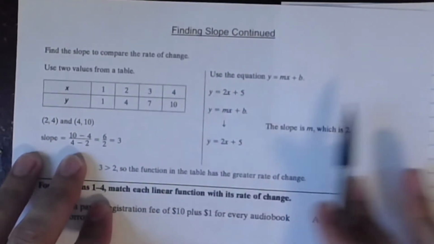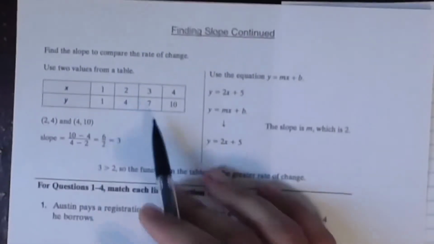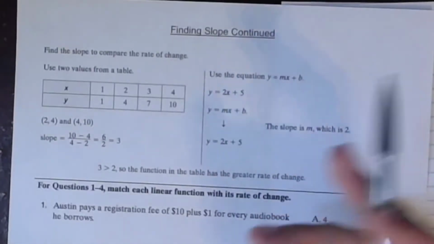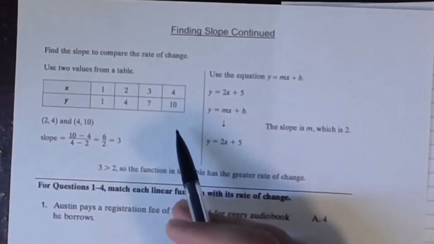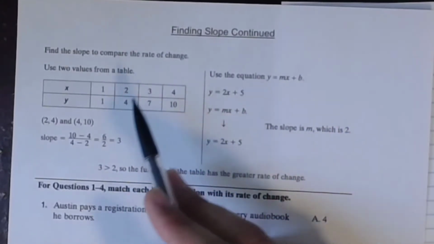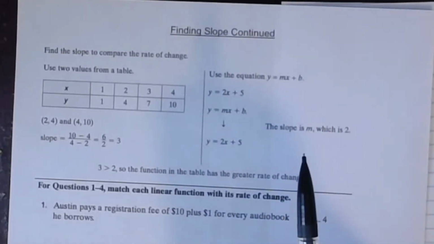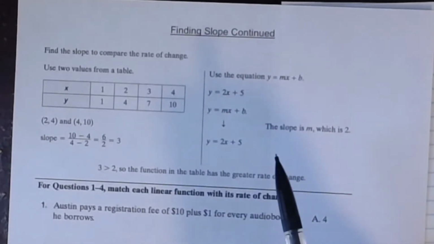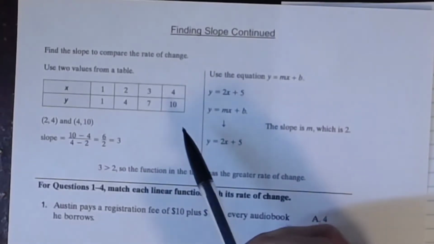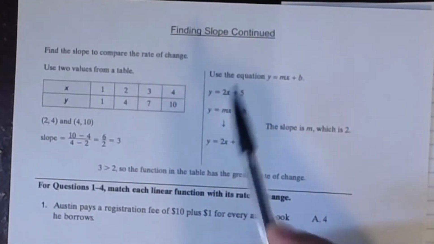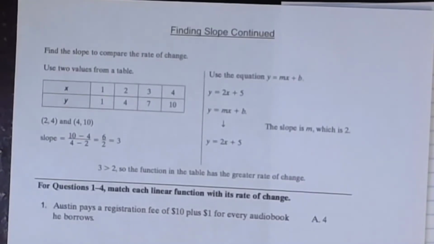Okay. We could find the slope not only the first way that we did it, just using the graphs, but we can also find it by using the tables and equations. As you could tell from the previous picture, you can tell when a slope is steeper, or greater, meaning it goes up faster or down faster.